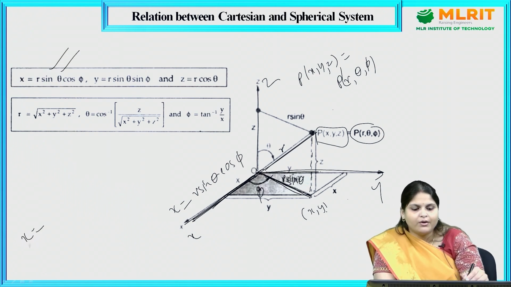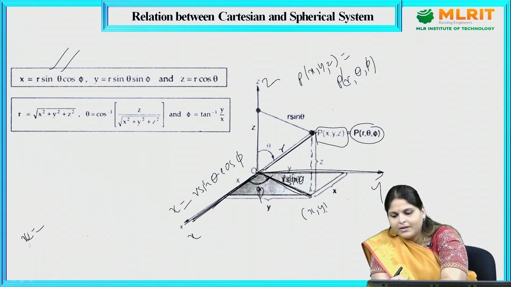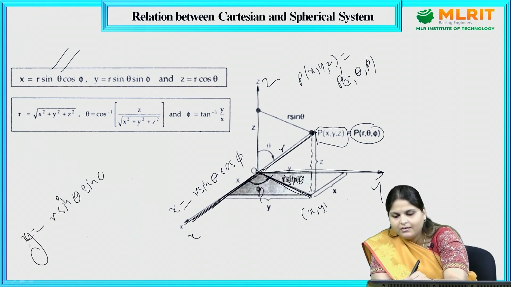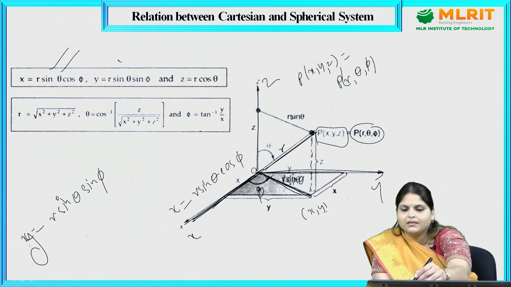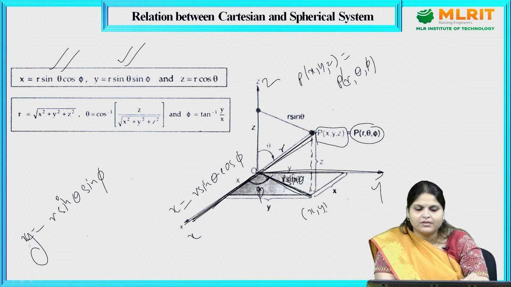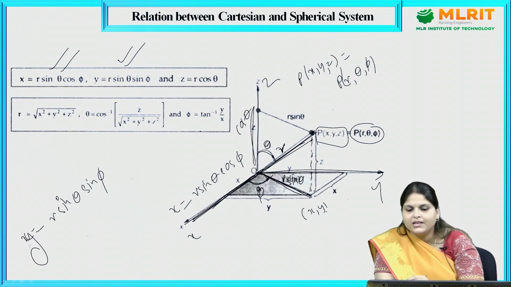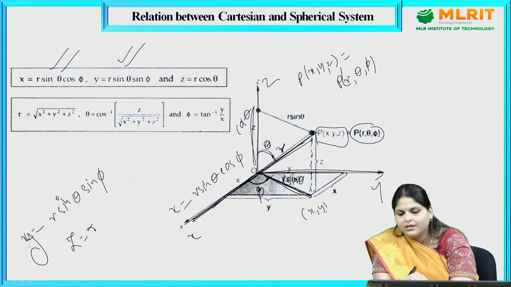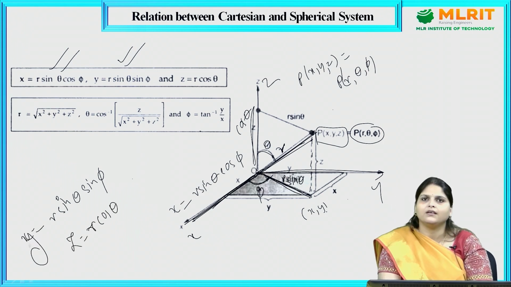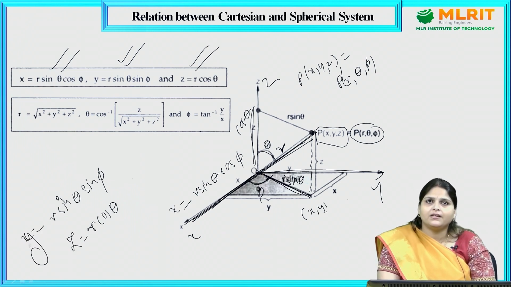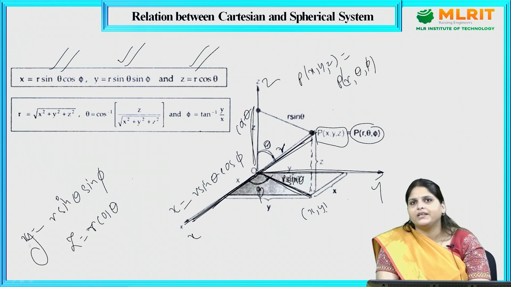Similarly we can get y. y will be r sin theta as it is, and this will be sin phi. And z, because this is r and it makes angle theta with the z axis, is the cosine component. So z becomes r cos theta. That is how we have converted spherical coordinates into rectangular or Cartesian coordinates.